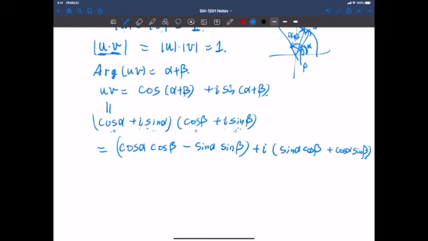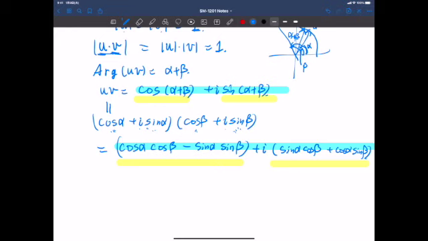So if you compare these two complex numbers, the real part corresponds to this real part, and this imaginary part corresponds to this imaginary part, so they must be equal.